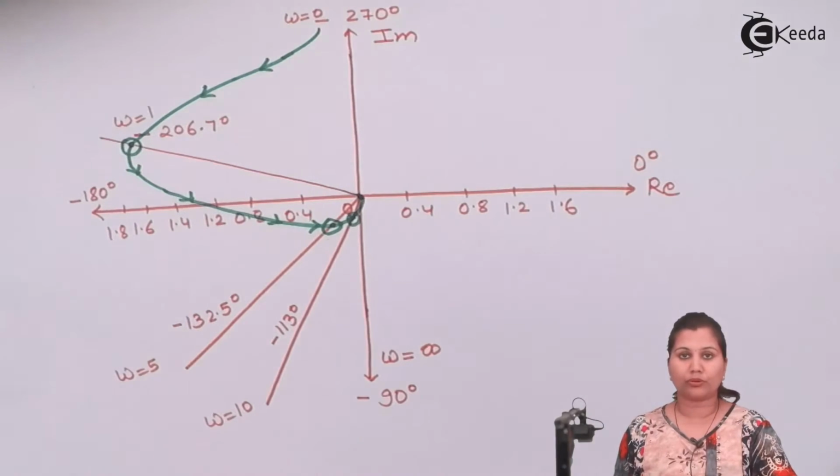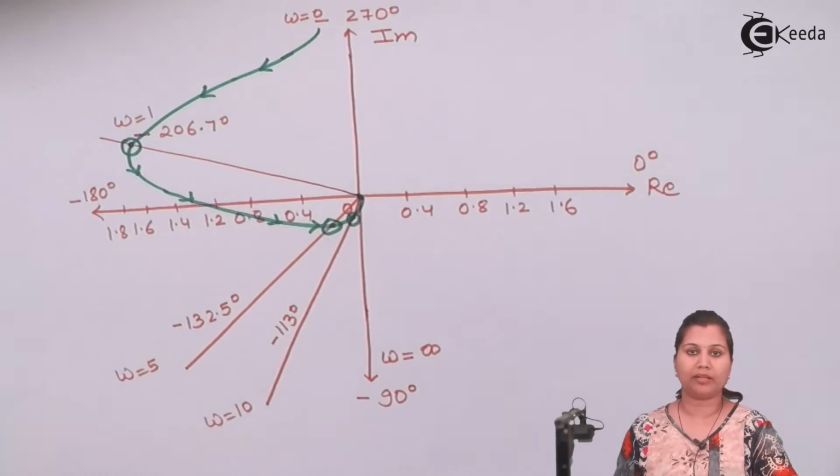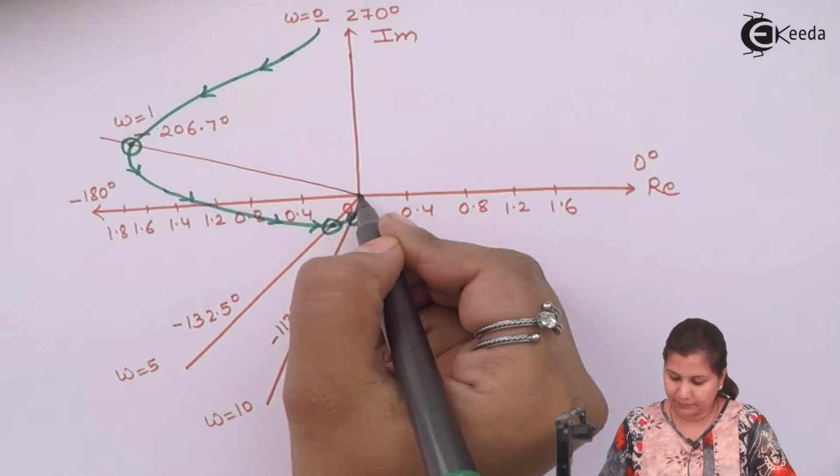Now we have to draw the Nyquist plot, and the Nyquist plot is the mirror image of the polar plot. So we will draw the mirror image here.